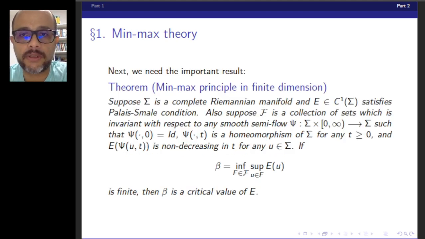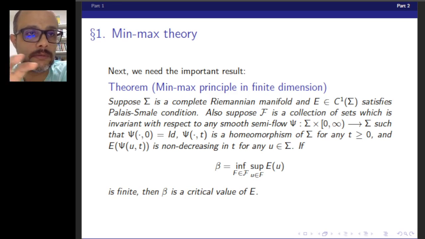Now I recall an interesting principle, the minimax principle. This minimax principle is for finite dimensions, and it is very simple to present. You assume that you have a complete Riemannian manifold and a smooth C1 functional on sigma, which satisfies the Palais-Smale condition.